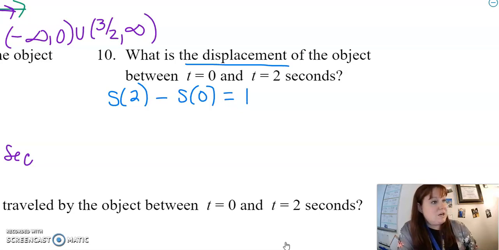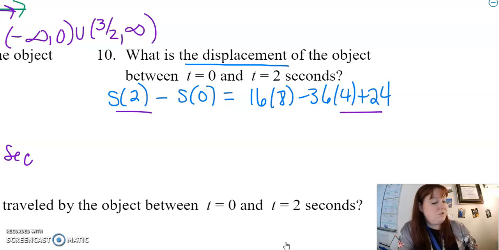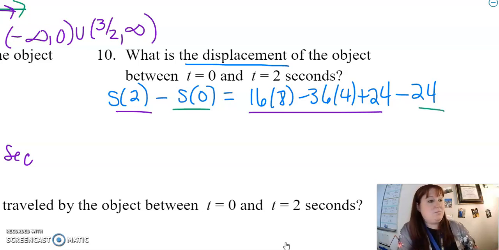So this would be 16x cubed, so that's 8, minus 36x squared, so that's 4, plus 24. That is s of 2. And then I just subtract 24 from it because that's s of 0. And I end up with 128 minus 144, which equals negative 16 feet.